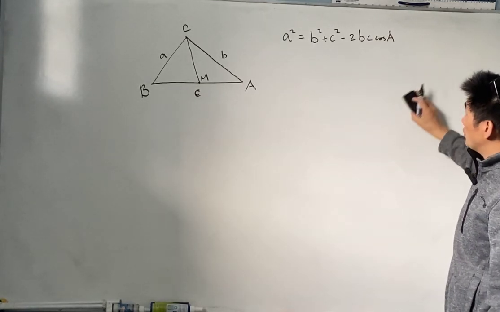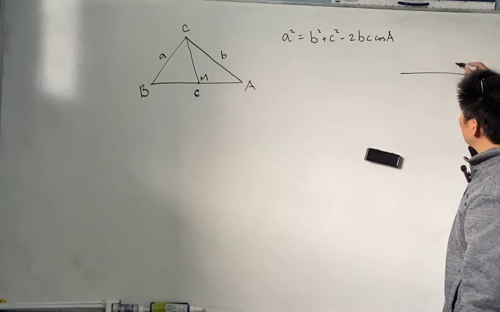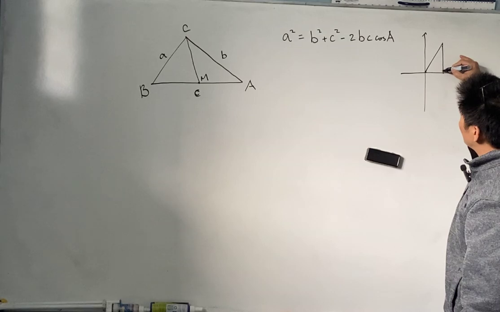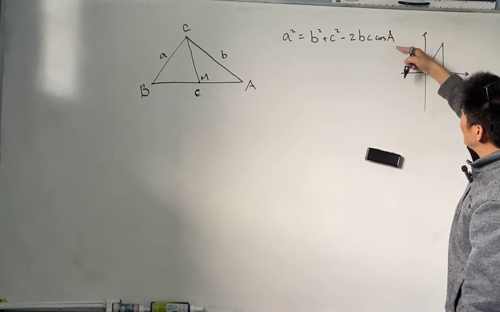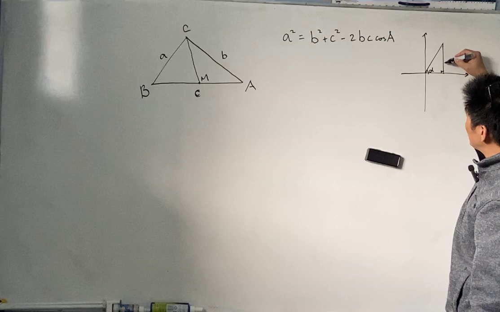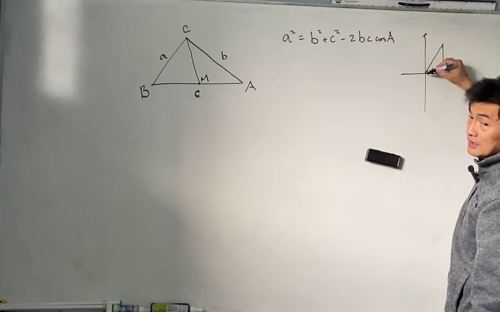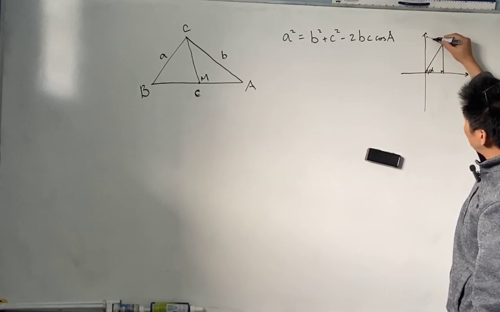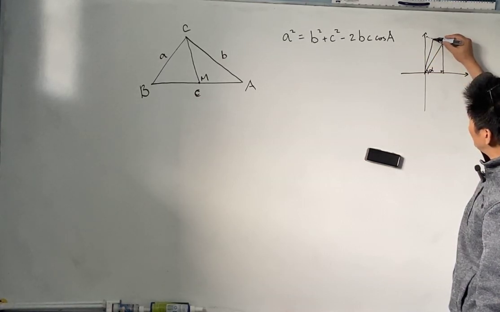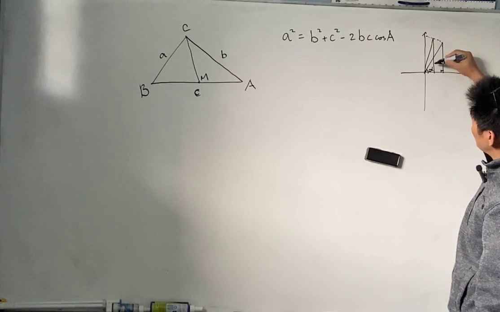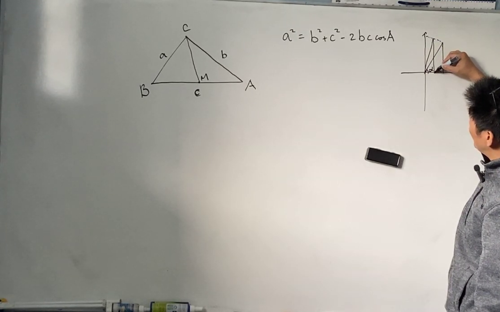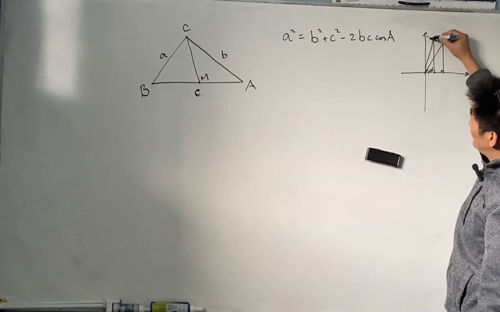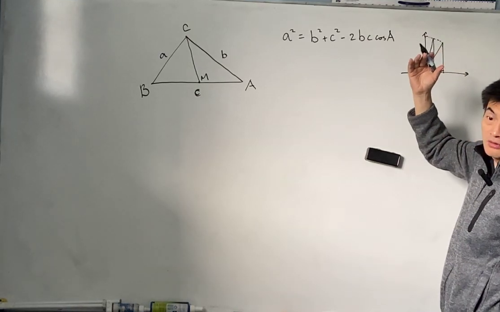That's when A equals 90 degrees. Here's an angle, cosine alpha, or in this case A, equals this length over that length. As the angle becomes bigger and bigger, if you move that point along that line, it gets closer and closer to 90 degrees, and you would see this length gets closer and closer to that length. When it hits there, they're equal.